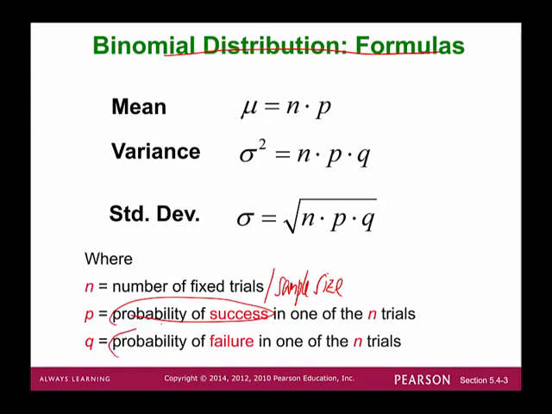Q is the probability of failure in one of the n trials. Standard deviation, sigma, equals the square root of npq. One more time, keep note of those three important symbols: n, number of fixed trials, sample size; p, probability of success; q, probability of failure.